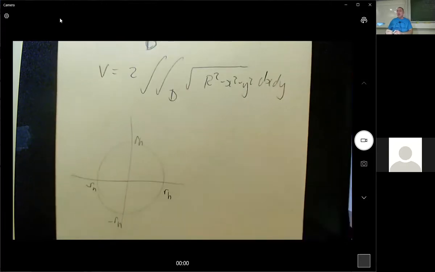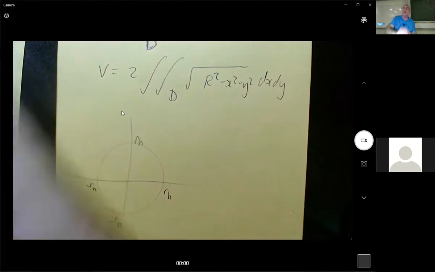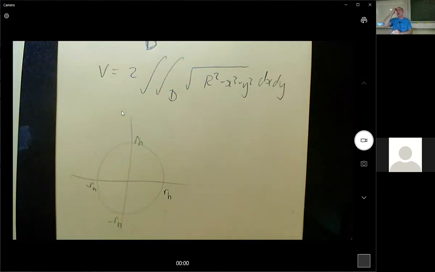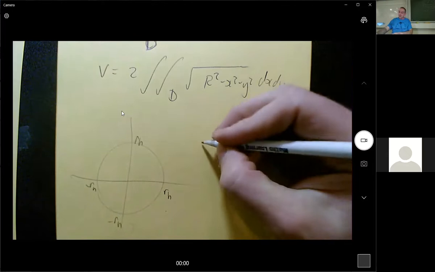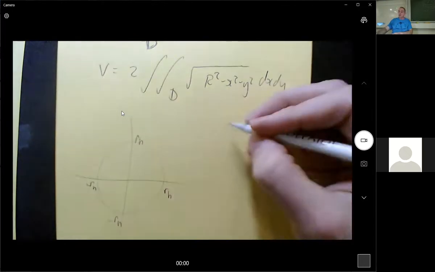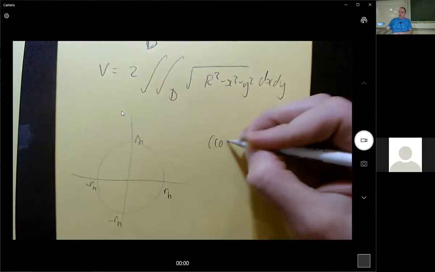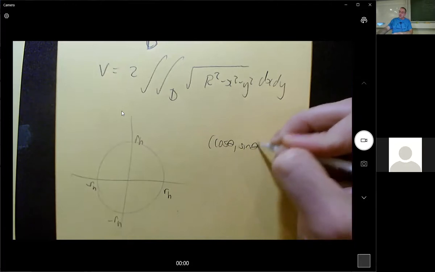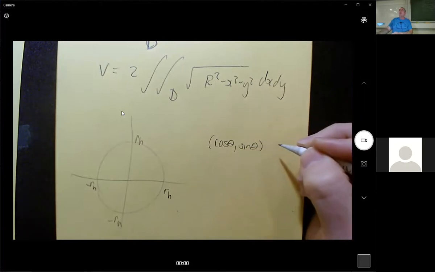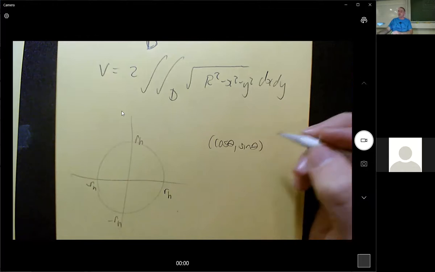So to locate every point on the edge of a circle, I could do the radius times cos theta and sine theta. That would be the edge of the circle. This is not going to turn out the way they did it, I'm sorry. No, I will do it the way they do it.